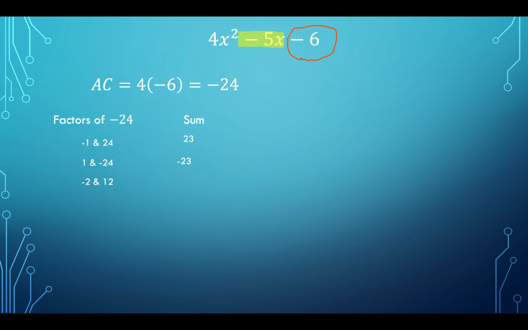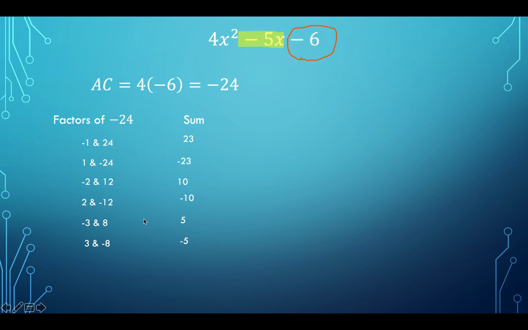Negative 2 and positive 12, add those together, I get positive 10. 2 and negative 12, add those together, I get negative 10. We can also do negative 3 times 8, add those two together, I get positive 5. I could also do 3 times negative 8, add those together, I get negative 5.